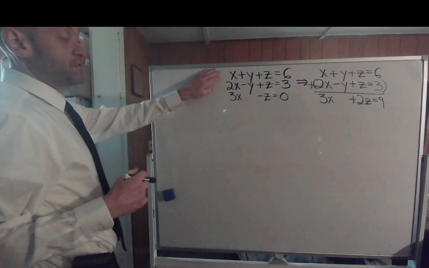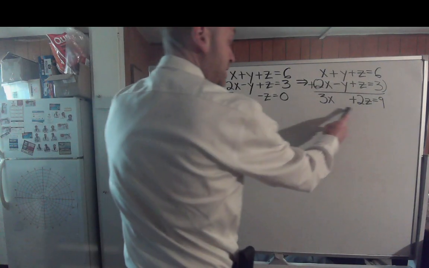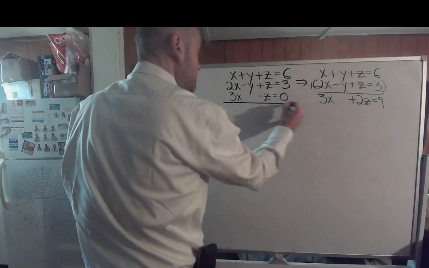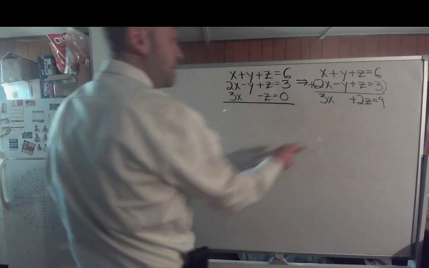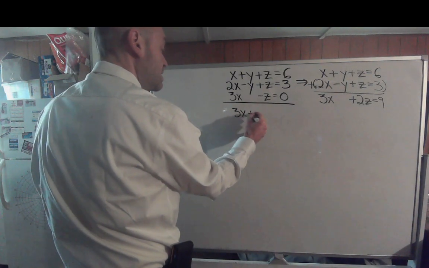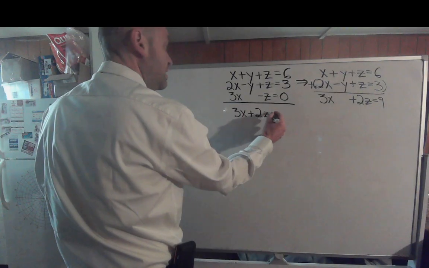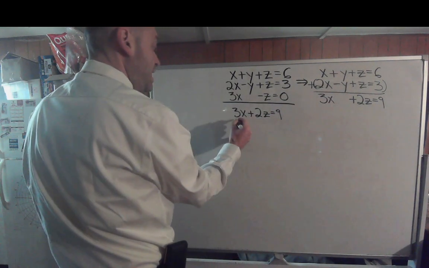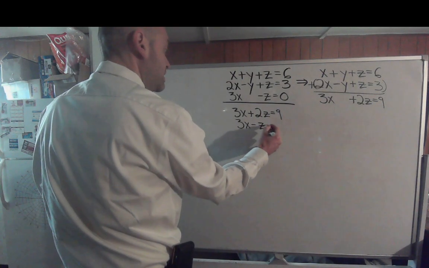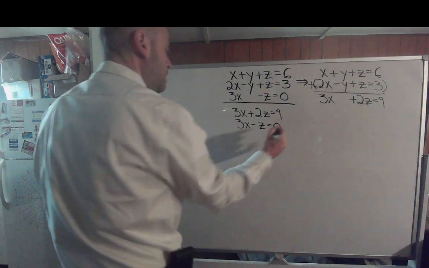So out of these first two equations, we got 3x plus 2z equals 9. Now what we can do is take the combination of these first two equations, the 3x plus 2z equals 9, and add it to 3x minus z equals 0.